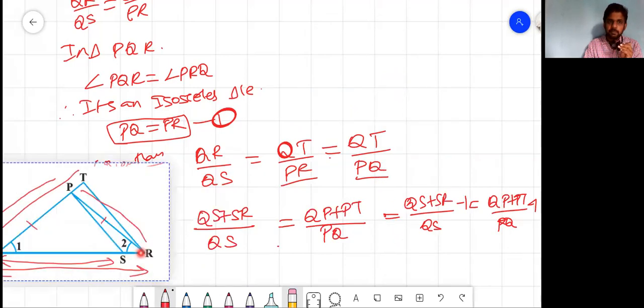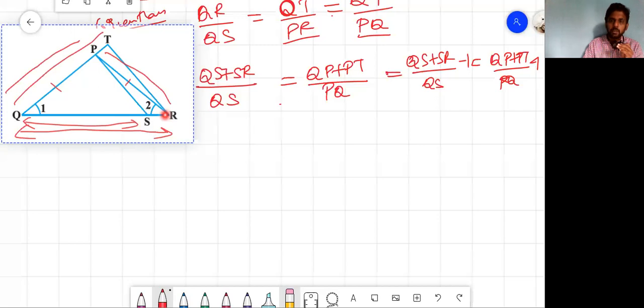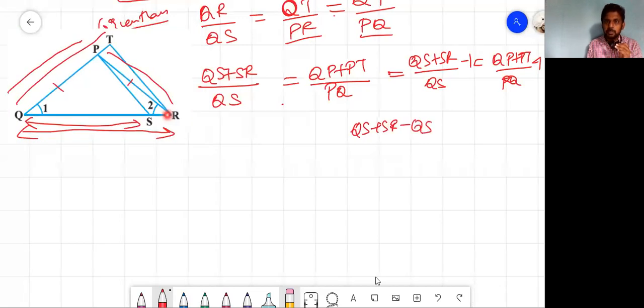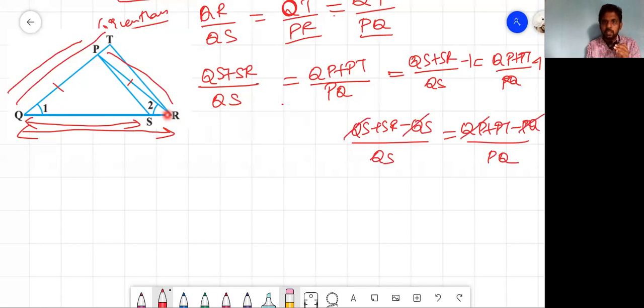Taking LCM, I'll have QS plus SR minus QS divided by QS is equal to QP plus PT minus PQ divided by PQ. So QS minus QS gets cancelled, PQ minus PQ gets cancelled. You will have SR divided by QS is equal to PT divided by PQ.